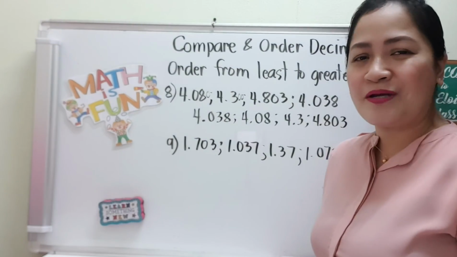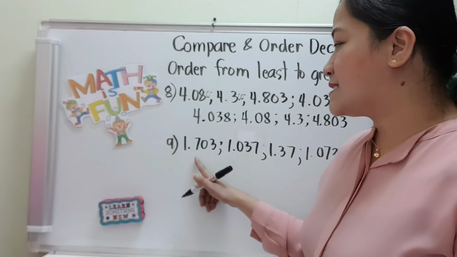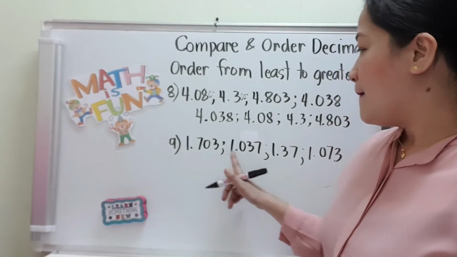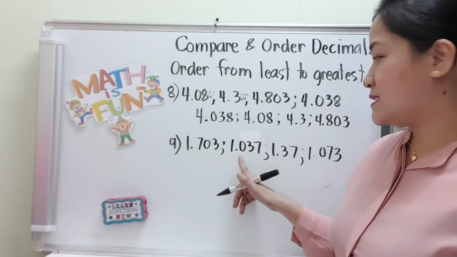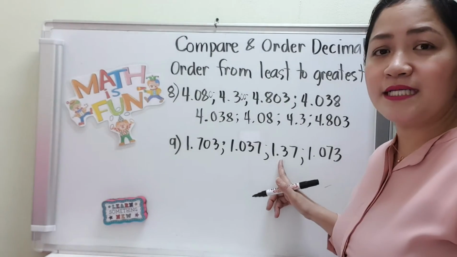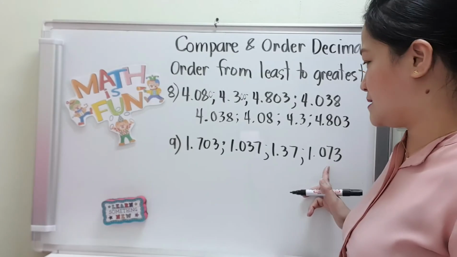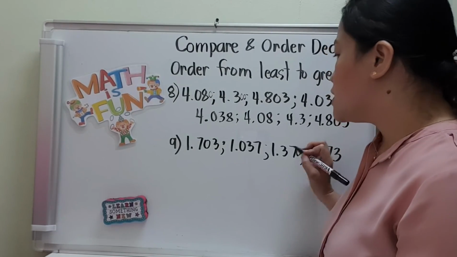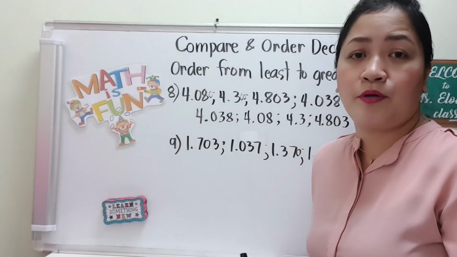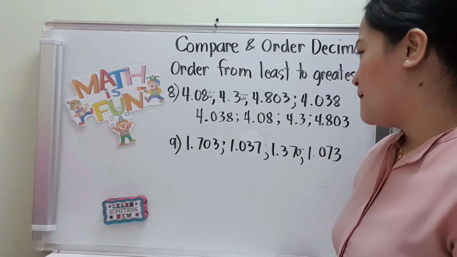Now let us do number 9. We have 1 and 703 thousandths, 1 and 37 thousandths, 1 and 37 hundredths, and 1 and 73 thousandths. Let us put 0 here so we have the same number of decimal places.